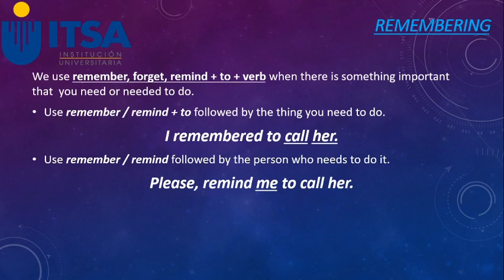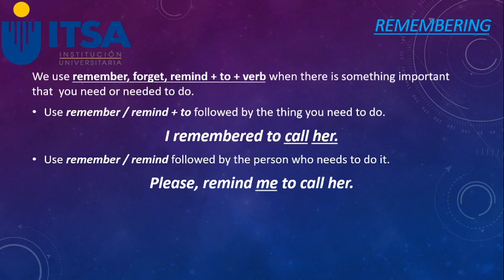We use remind, remember, or forget plus a person who needs to do it. For example, please remind me to call her. Cuando no estoy mencionando inmediatamente lo que necesito recordar, sino que voy a señalar a quién necesita recordarlo o hacerlo, entonces utilizo un object pronoun.